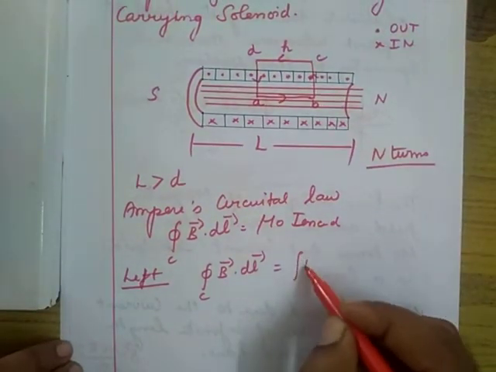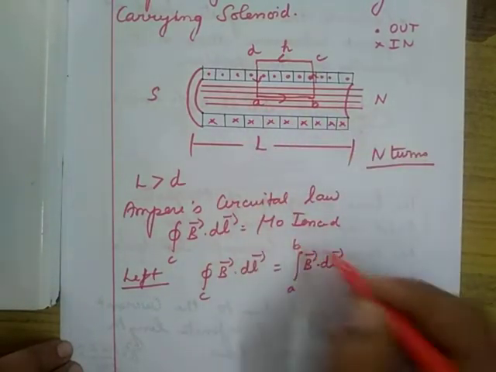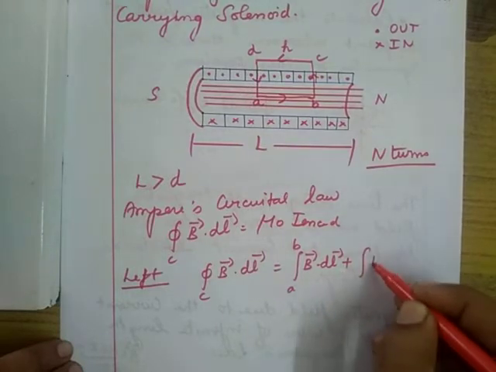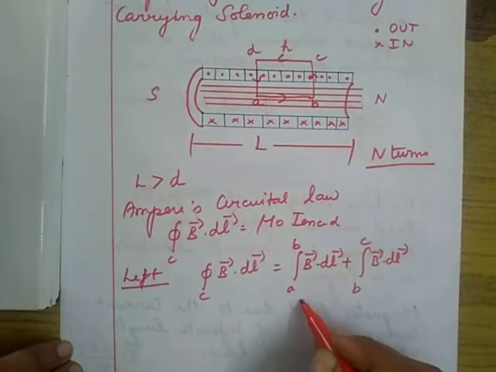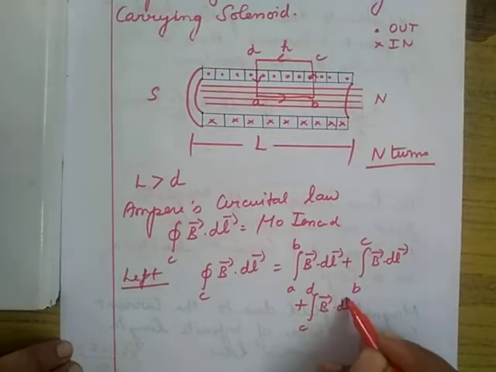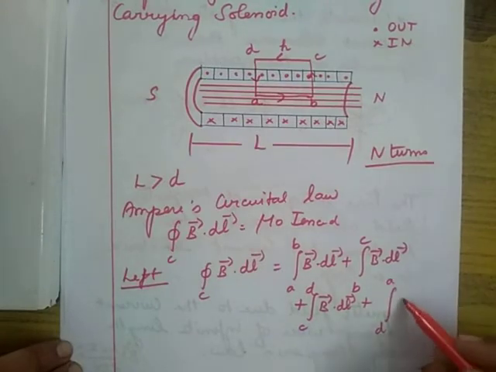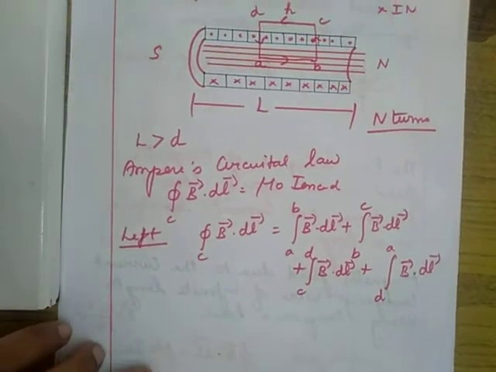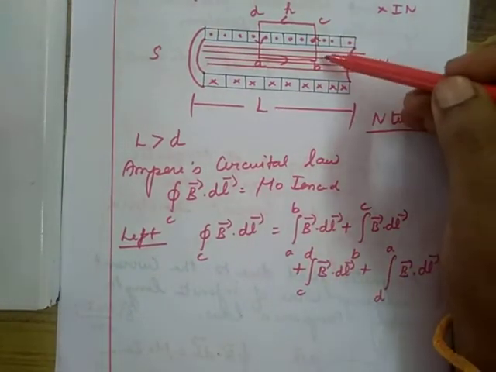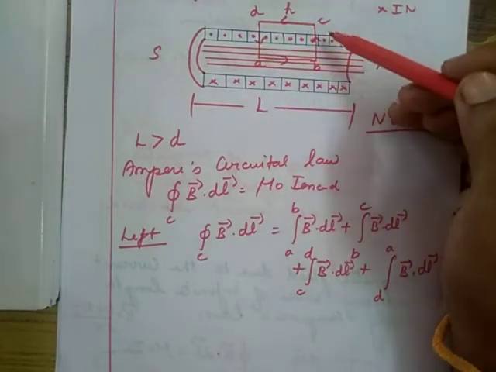Then we can write the integral of B vector dot dl vector from A to B, plus the integral from B to C of B vector dot dl vector, plus the integral from C to D of B vector dot dl vector, plus the last one, D to A, B vector dot dl vector.